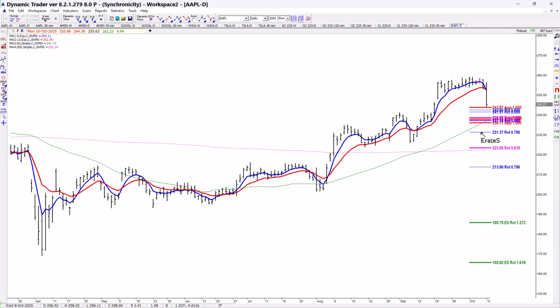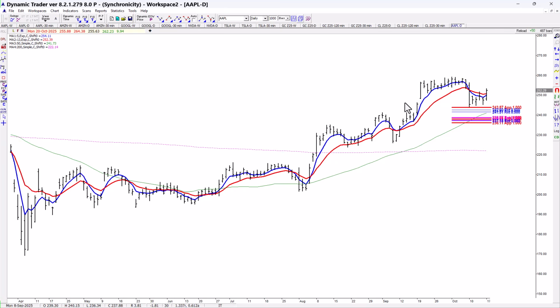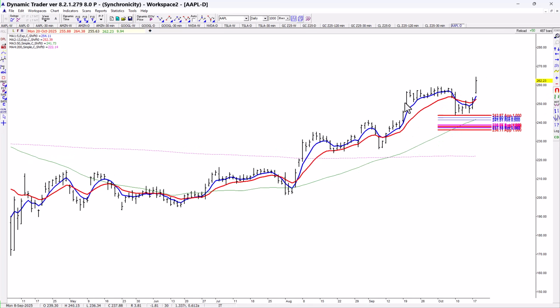But we have a couple of areas that stood out that included symmetry or similarity or equality when comparing some of these prior swings. Okay, so looks like actual low was made on top of that first area of support.